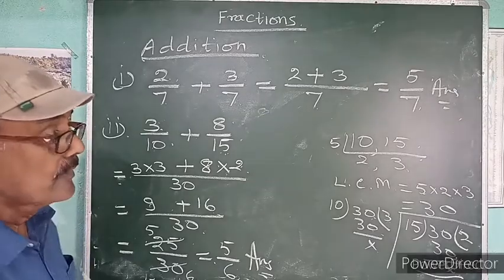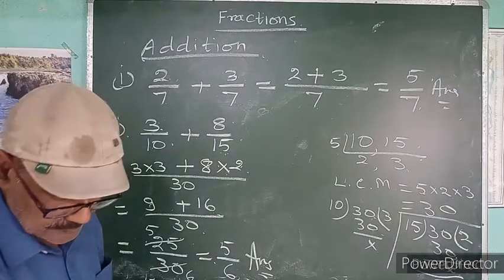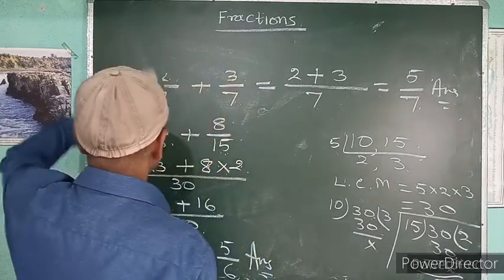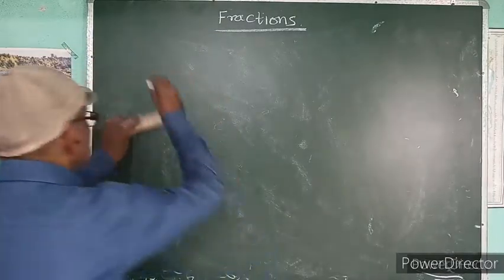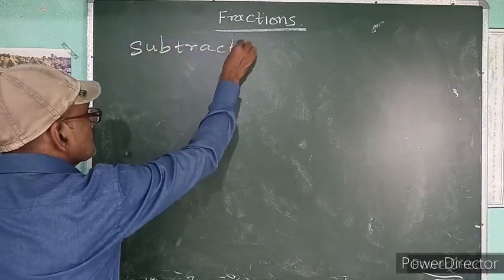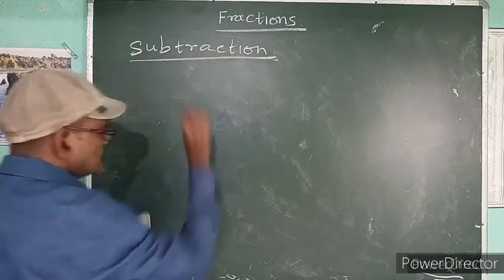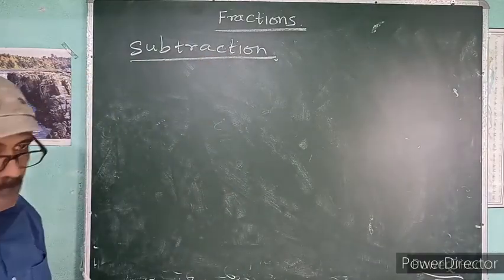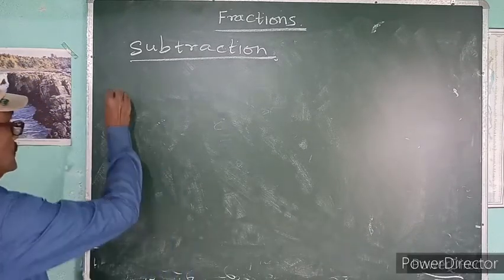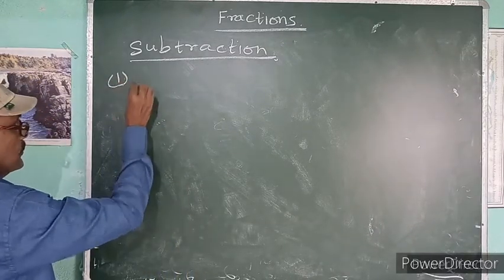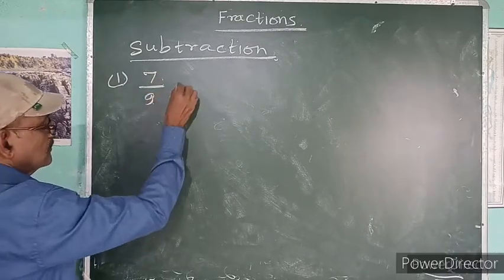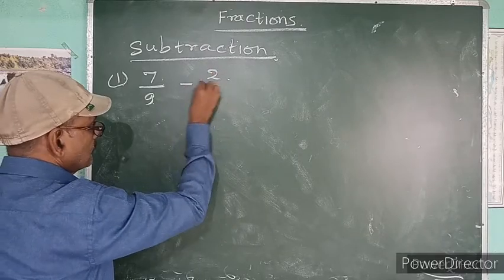Next is subtraction. Same way we will subtract. So 2 examples I'll show you. 7 by 9 minus 2 by 9.